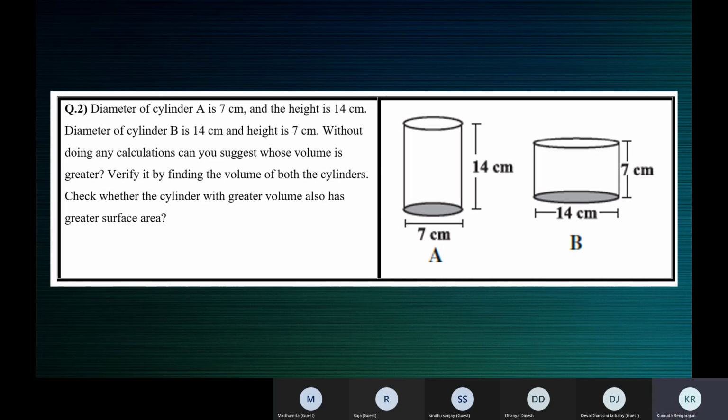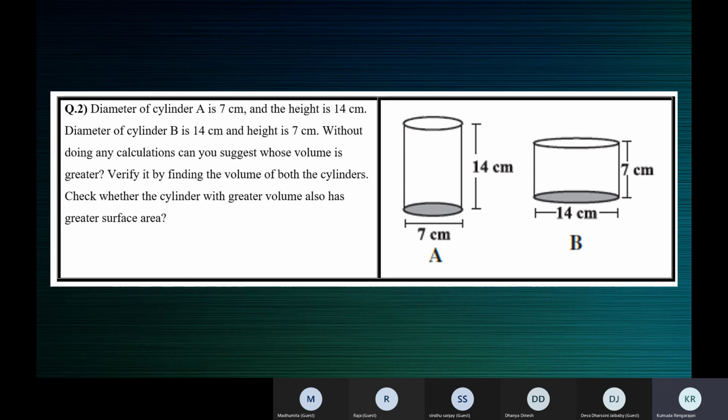It's not mentioned if it is open or closed. Diameter of cylinder A, diameter of cylinder B. Height is given. And the word mentioned is surface area. It's not given TSA, total surface area, or curved.